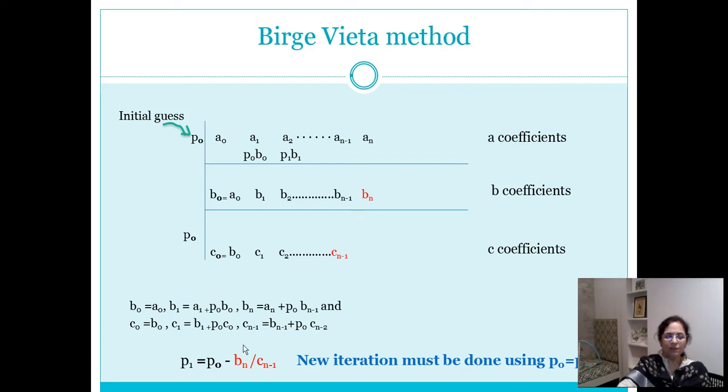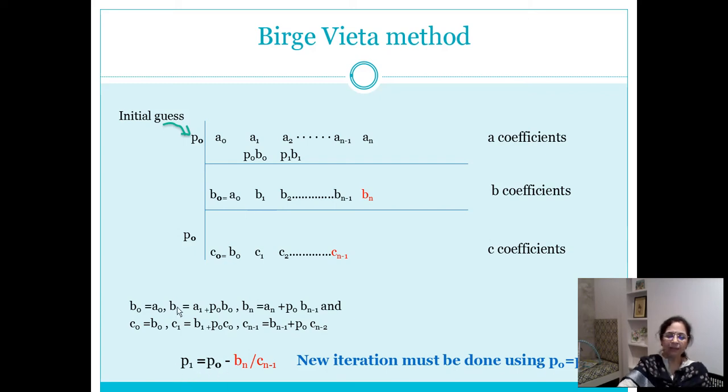So this is a correction which we are giving to the starting guess value. This new value becomes the starting value for the next iteration. When we start the new iteration, we must replace the p1 value in p0.